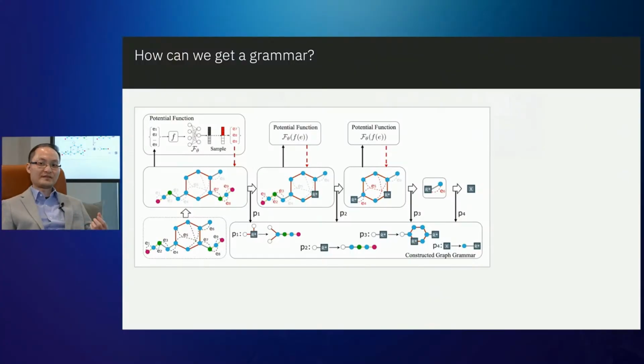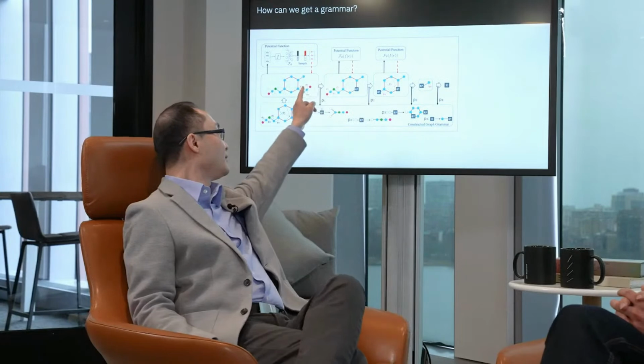So there is a very natural question: how do we get these rules? How do we get a grammar? The way to get this grammar is the reverse thinking. Rather than starting from the empty state and getting the final graph, we start from the complete graph and try to strip off the graph component by component until eventually nothing remains. For example, what you see here is that we start with a molecule, and in the first step, we remove these 4 nodes and replace them with an open symbol R star.